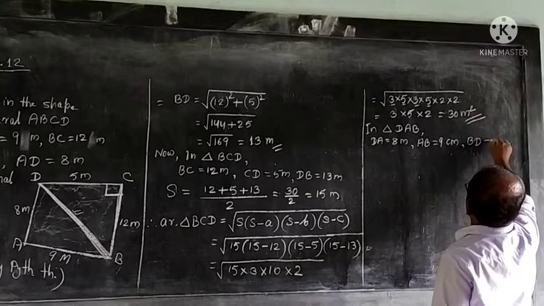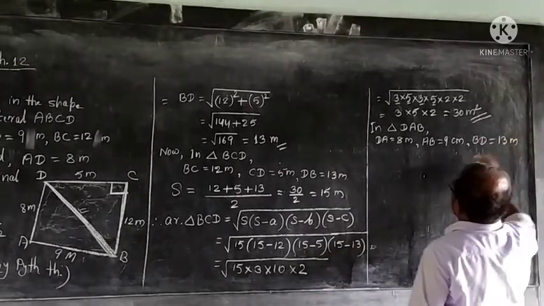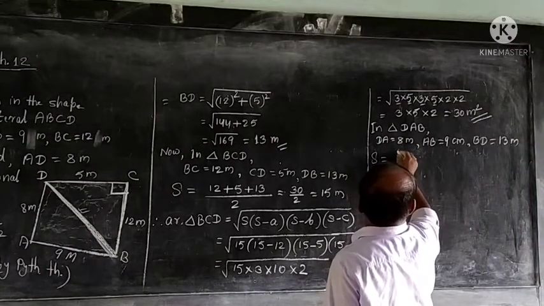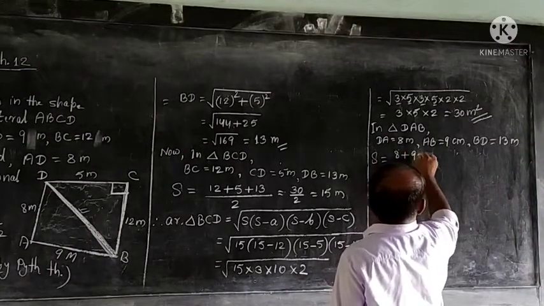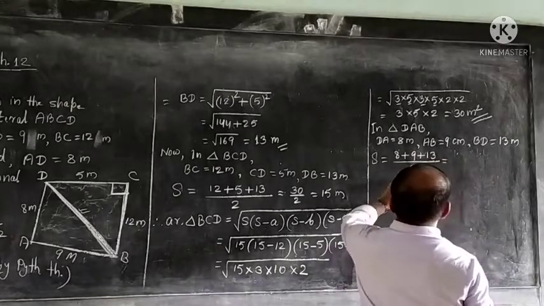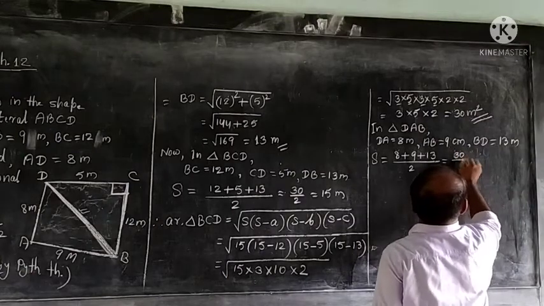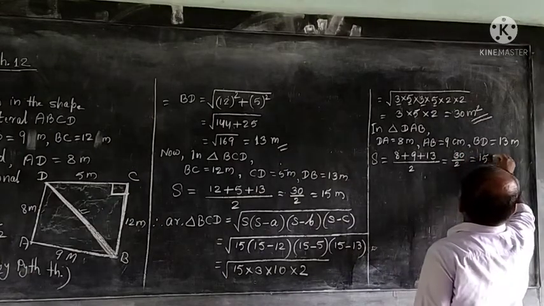So, here we will again find S: 8 plus 9 plus 13 by 2. 8 plus 9 is 17, plus 13 is 30, by 2, we will get 15 meters.